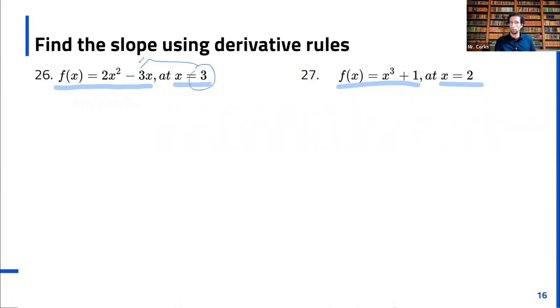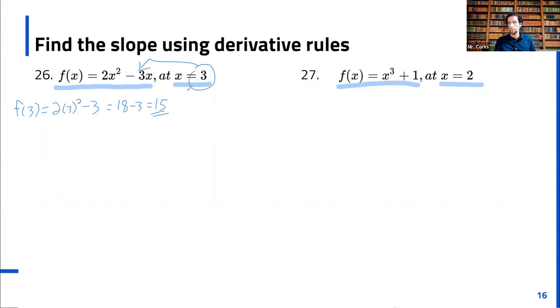Okay, so f at 3 is equal to 2 times 3 squared minus 3. What do we have? 9, 18. So 18 minus 3, 15. So the slope is 15.